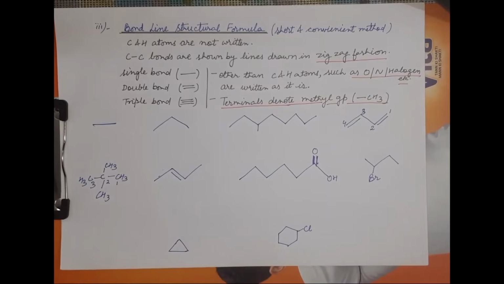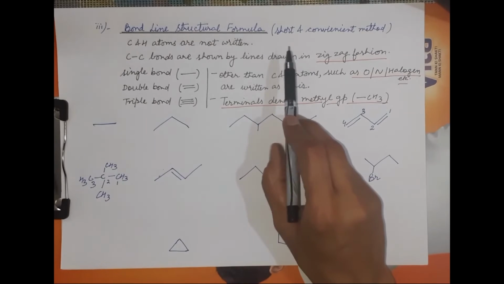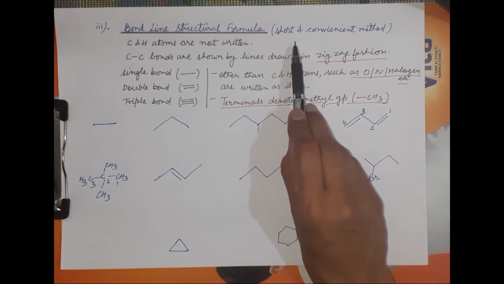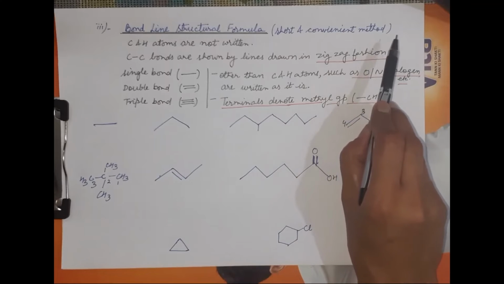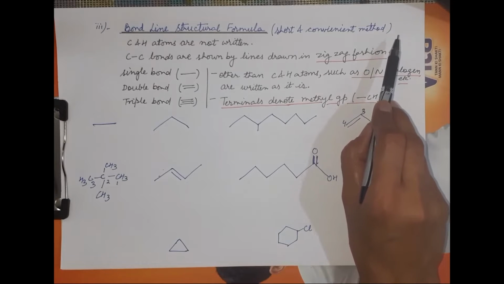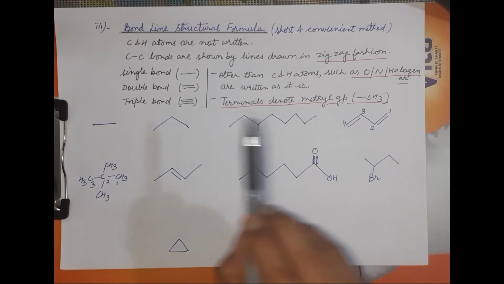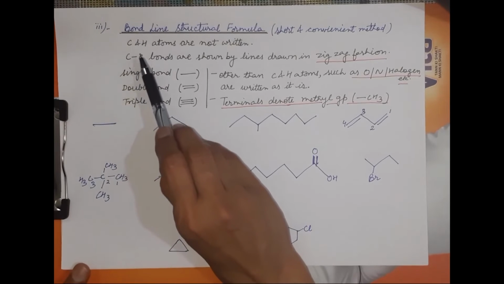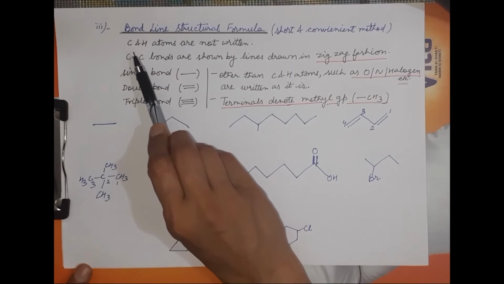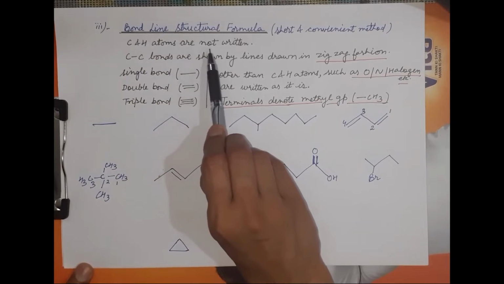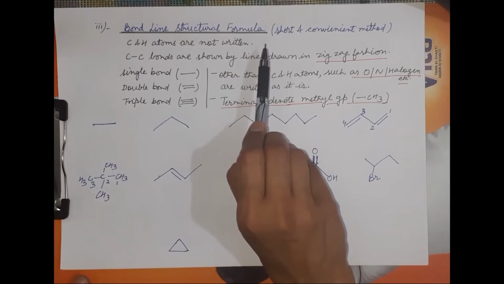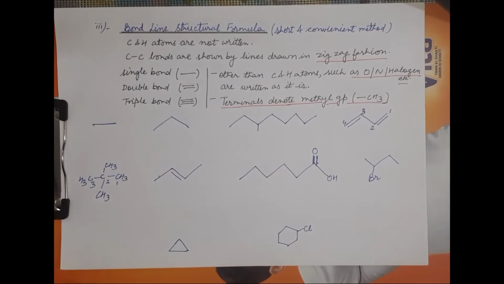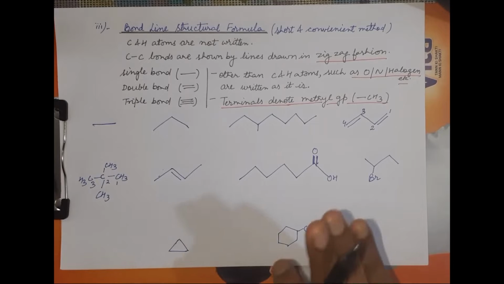In the bond line structural formula, we can say it is a short and convenient method to write the formula for any compound. There are a few key points to understand. First, carbon and hydrogen atoms are not written in the bond line structural formula.